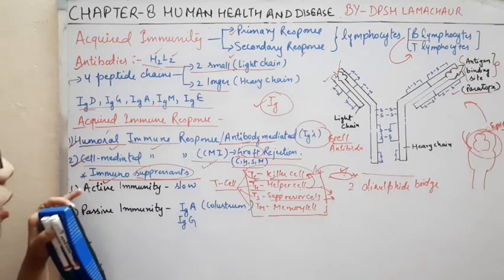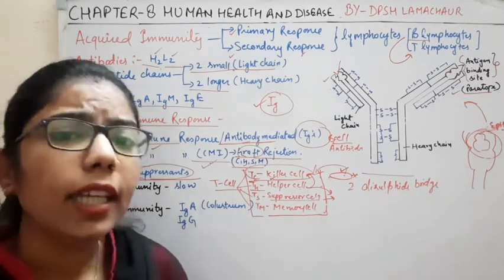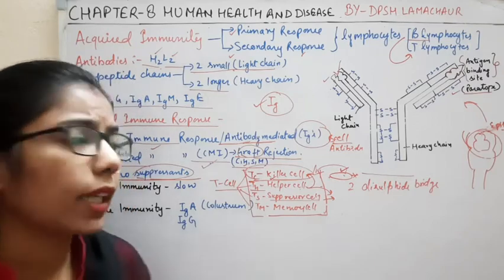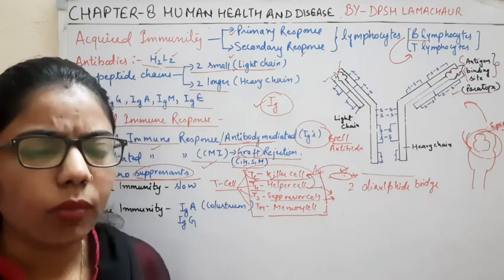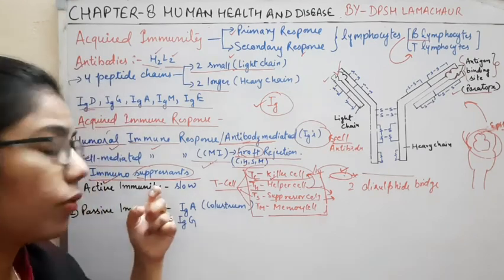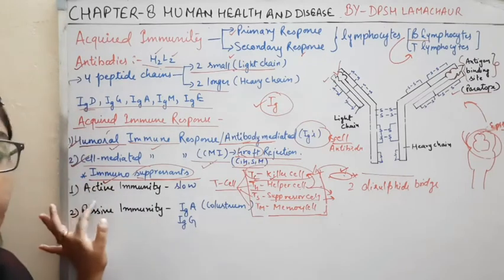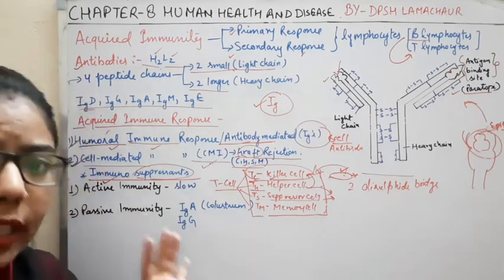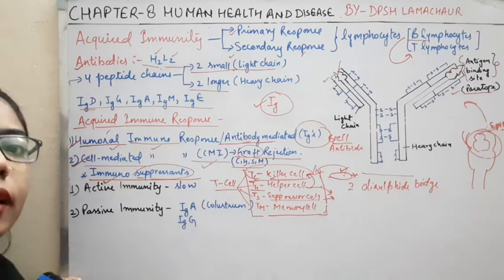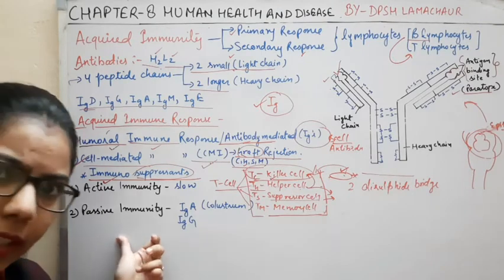So now what is the meaning of active immunity? See students, any immunity or defense mechanism which happens by the body itself. Okay, the immunity which is provided by the body itself is known as active. Passive immunity is that response or immunity provided by others in your body. That one is the passive immunity, right?